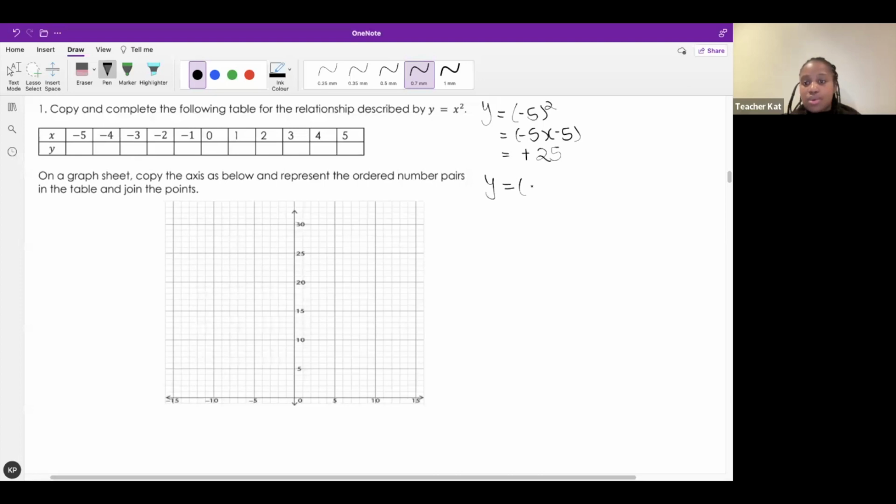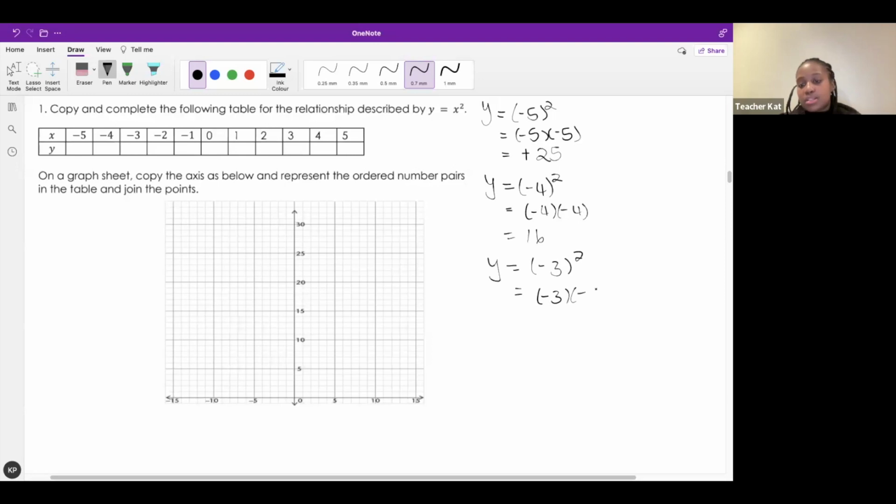Next one says y equals -4 squared. What's -4 squared? Once again, it's 2 negatives that are squared. So -4 squared, that is 16, beautiful. Next one, y equals -3 squared.